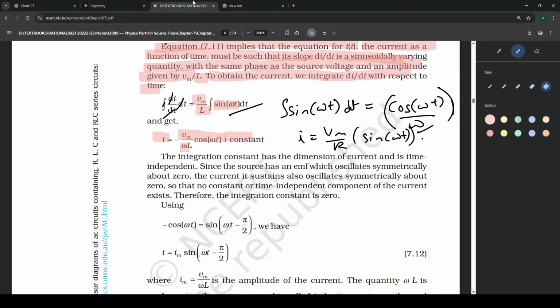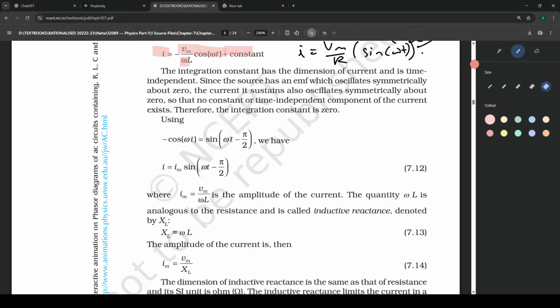So minus cos omega t, or basically cos omega t is there. Now this cos omega t, we can write as sine 90 minus, not 90 plus, 90 minus omega t. We can write cos omega t as sine 90 minus omega t. This is a trigonometric identity here.